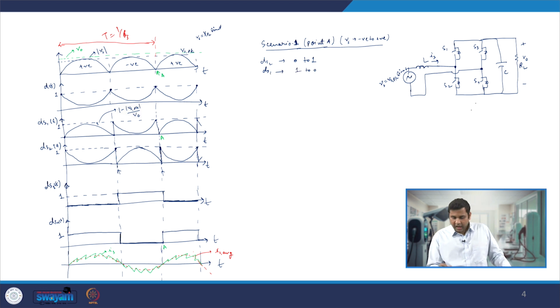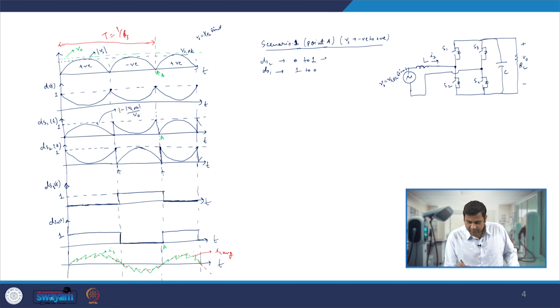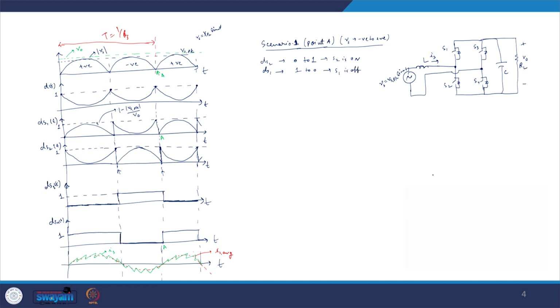That means S2 is on completely and S1 is off completely. At this point my S2 goes to 1, and just after this point my S1 goes from 1 to 0. So that is what we are getting.